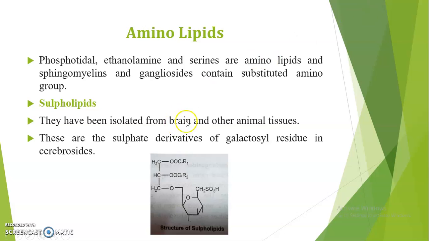In addition, there is a galactose unit, and this galactose residue has a sulfate derivative, or sulfur group. That's why these lipids are known as sulfolipids. So this is about sulfolipids, the fourth class of the compound lipids.